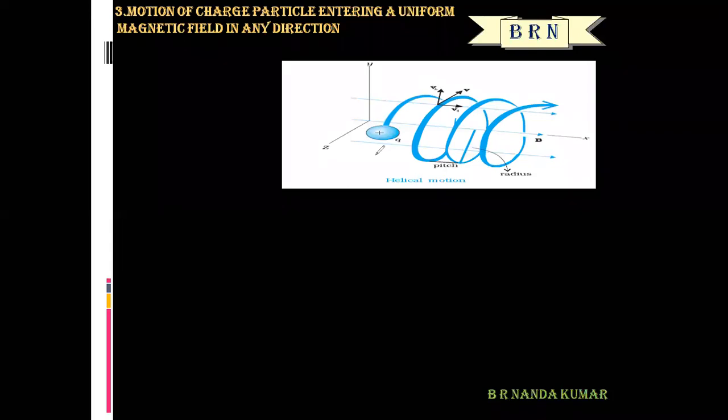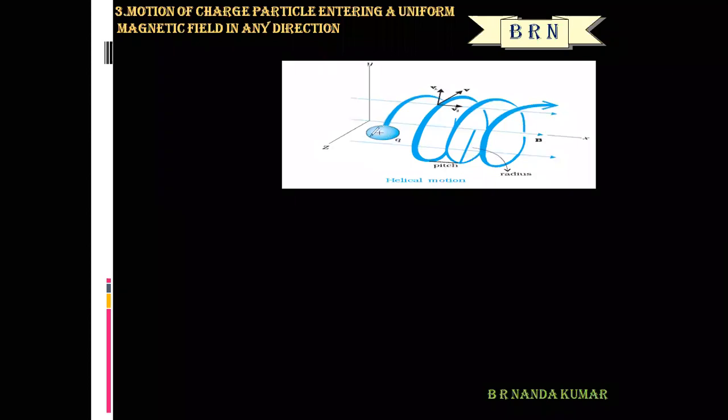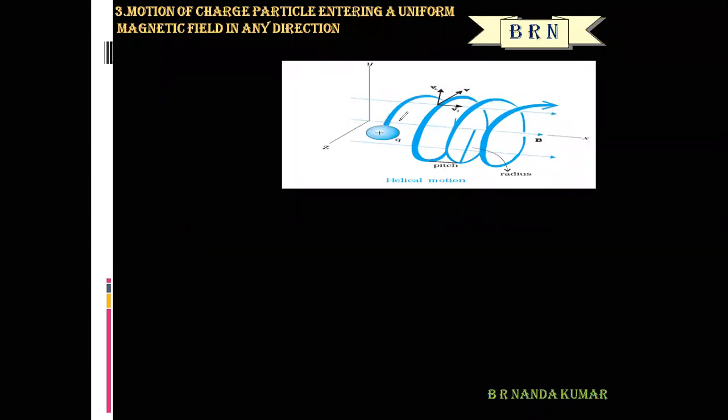So look at this diagram. This is the charged particle that enters the uniform magnetic field in any direction. This is the direction of the velocity of the charged particle.